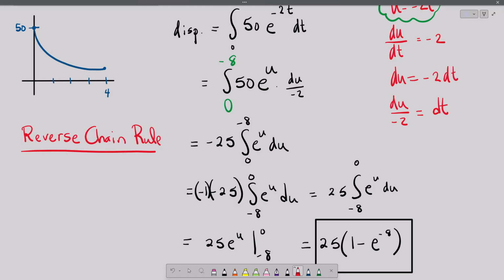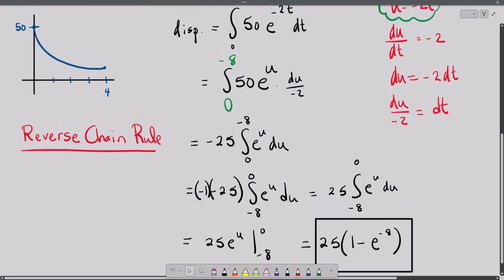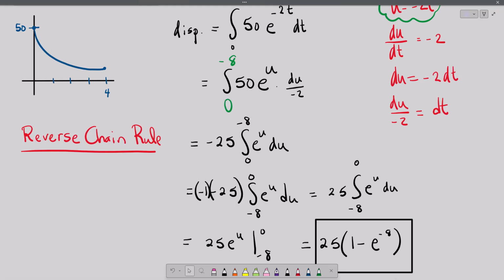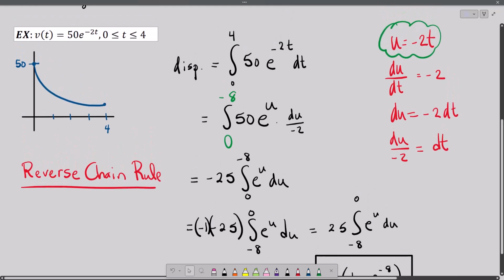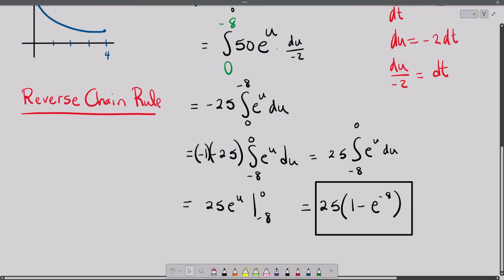Look right here: all we did to get this coefficient was take that coefficient there and divide it into the 50. If your substitution is linear, you can bypass all of these steps and use the reverse chain rule.